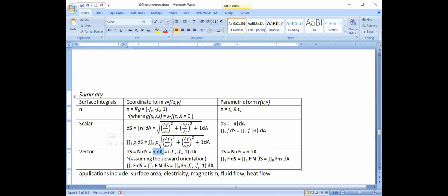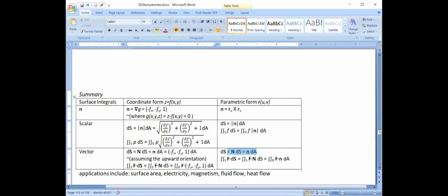In the special case, when z equals f of xy, we know what our normal little n becomes. It becomes negative df/dx, negative df/dy, 1. And then, of course, times dA. And that, of course, is assuming the upward orientation. We previously saw a problem where you were requested for the downward orientation, so you had to flip it.